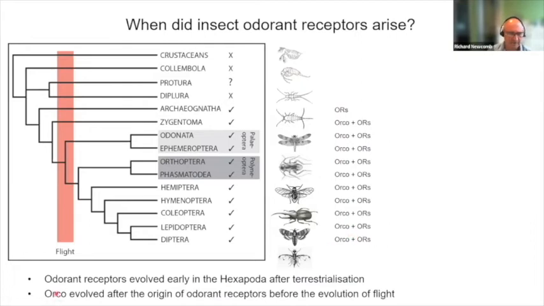So it seems that odorant receptors evolved early in the Hexapoda after terrestrialization, and then subsequently orco, the co-receptor, evolved after the origin of the odorant receptors, but before the evolution of flight, and maybe was required in the evolution of flight, because flying insects use olfaction as one of their major ways of navigating within that environment.